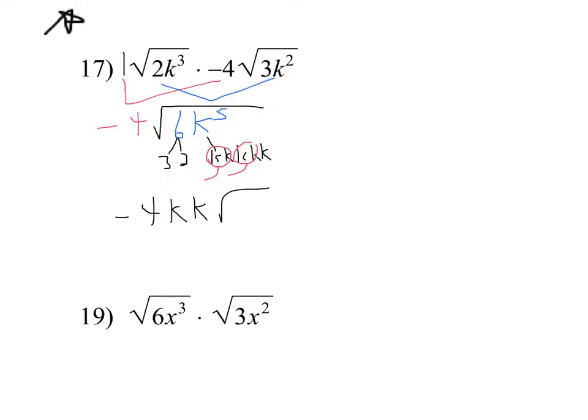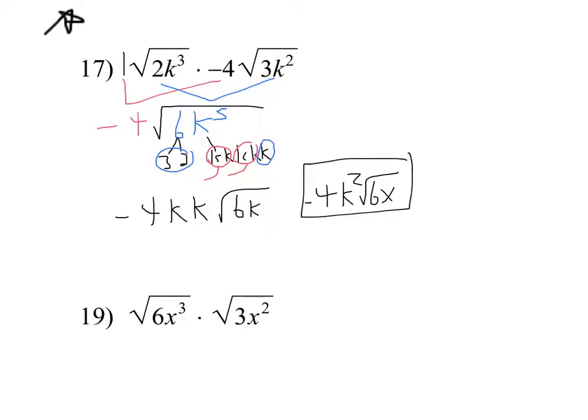On the inside, we're left with still the 6, because 3 times 2, and then we have a k. So our final answer would be -4 k squared root 6x. Or excuse me, 6k. There we go. Now that's multiplication of radicals.